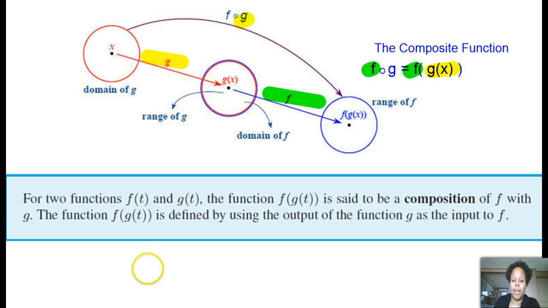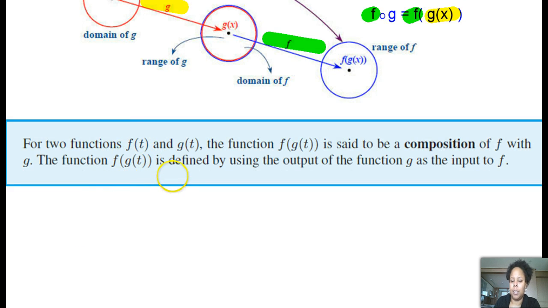So your book defines, for two functions f and g, the function f of g of t to be the composition of f with g. The function f of g of t is defined by using the output of the function g as the input to f, which is this example up here.